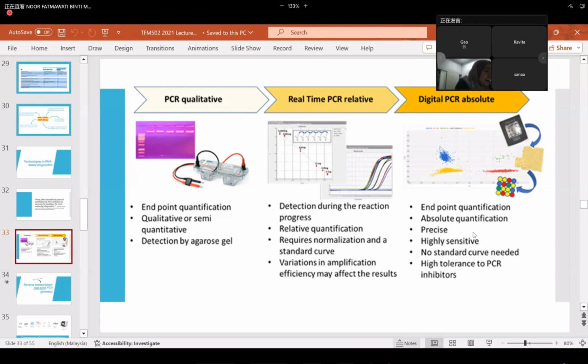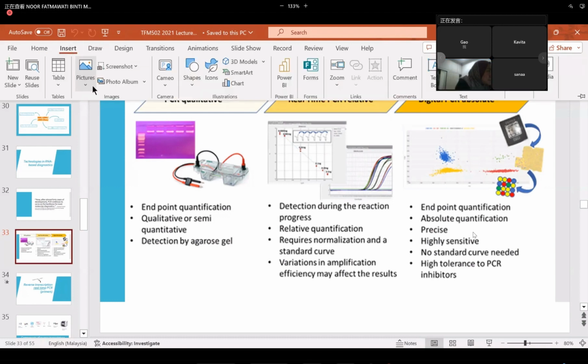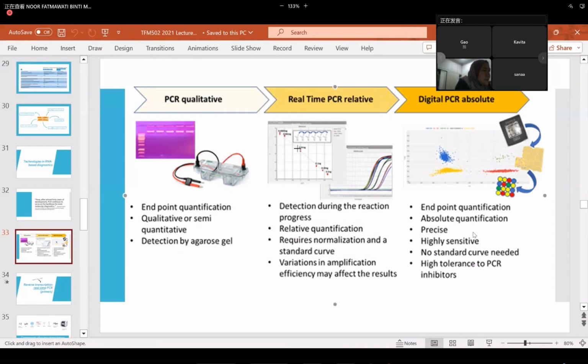The size between the first and the second over here, this line. If you cross this line over here, the size from the first line to the second line, if you prepare a serial dilution, it should produce almost a similar size, the width.